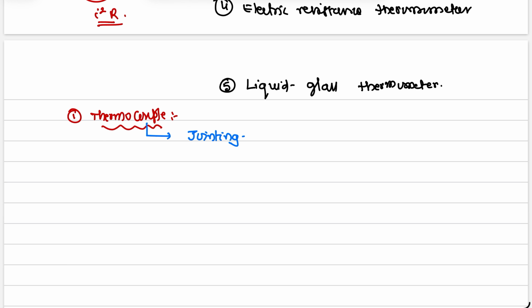For example, there is one wire, it is copper wire, and it is the junction where your temperature is to be measured, and this is constantan.